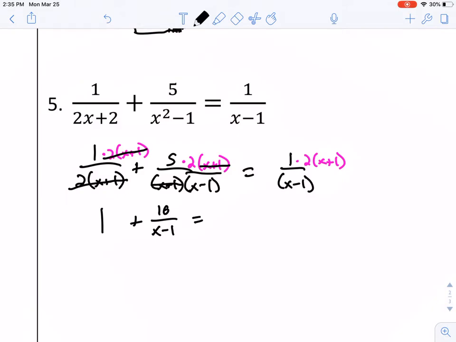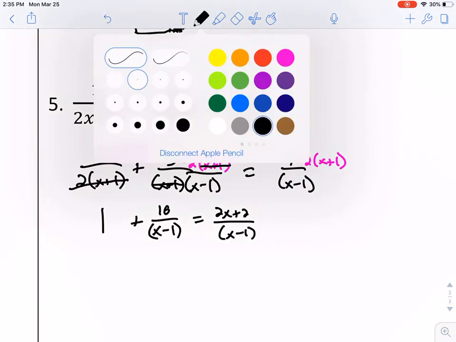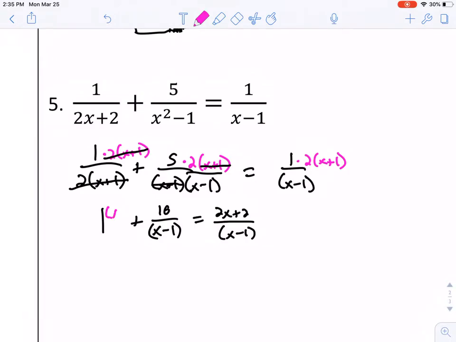Then over here, nothing cancels out. I'm going to go ahead and distribute that 2 back through, and we're going to get 2x plus 2 over x minus 1. Now looking at the second fraction, we have an x minus 1 in the denominator, so that means we're going to multiply everything by x minus 1.